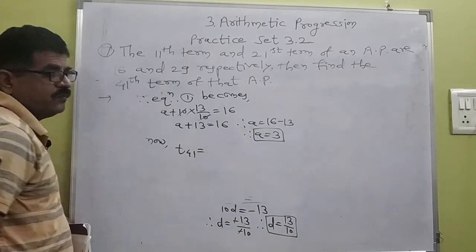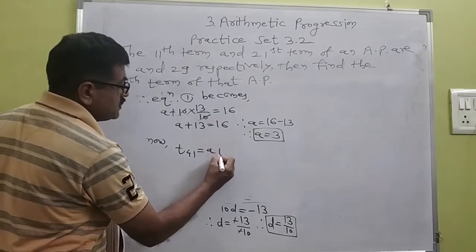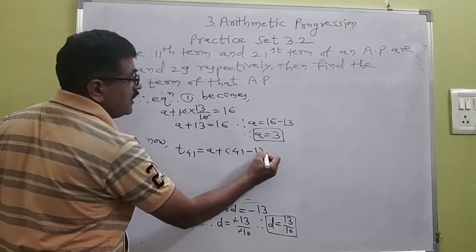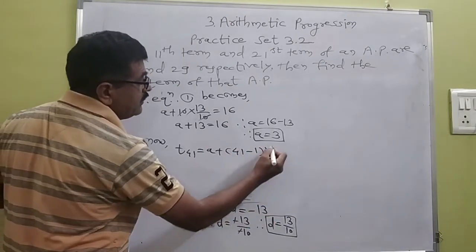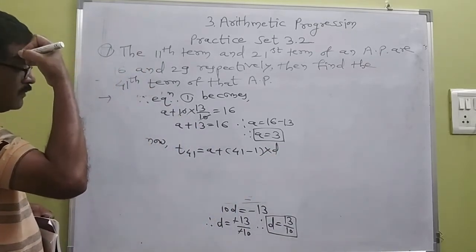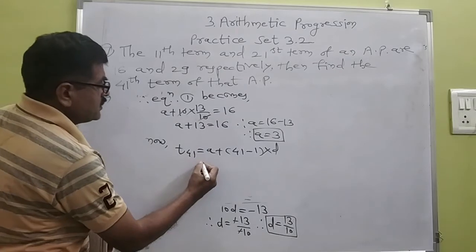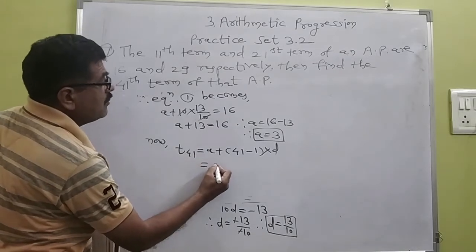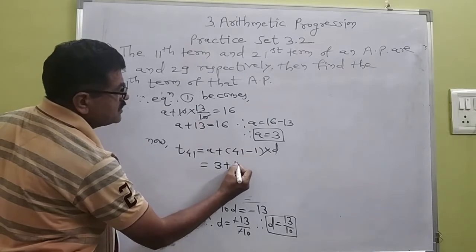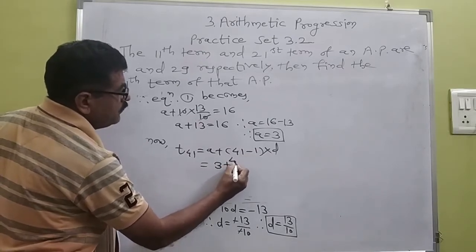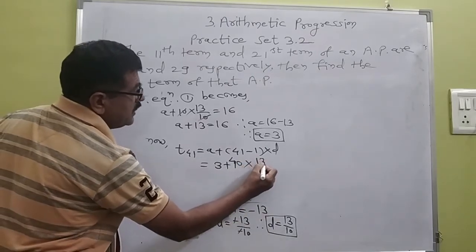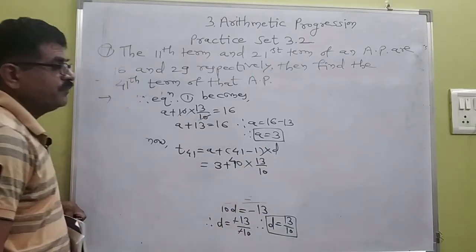T41 is equal to a plus n, that is 41 minus 1, into d, is equal to the value of a, 3, plus 41 minus 1, that is 40, into the value of d, which is 13 divided by 10.